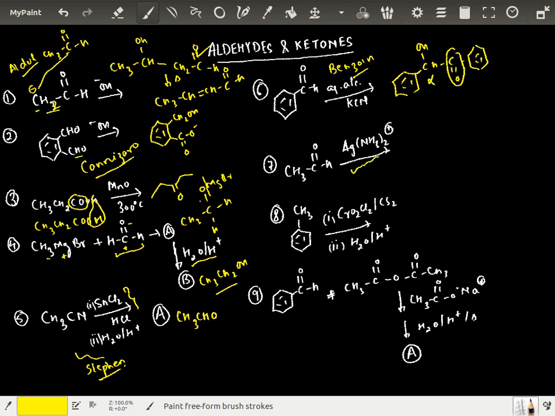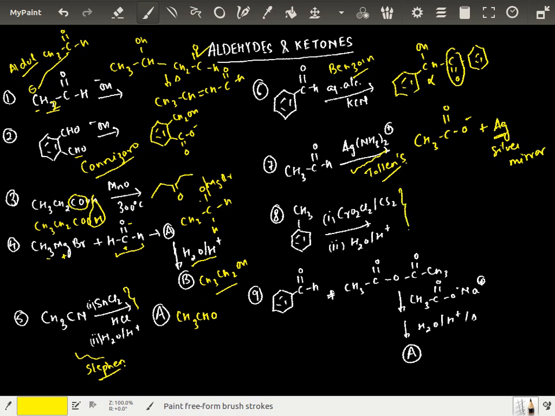Next, if you identify this agent, this is a Tollens reagent, and aldehyde does show the Tollens test, which means the substrate is getting oxidized, and Ag plus ion becomes Ag, silver particles, which deposit on the bottom of the container in the form of a silver mirror. So it is also called the silver mirror test.